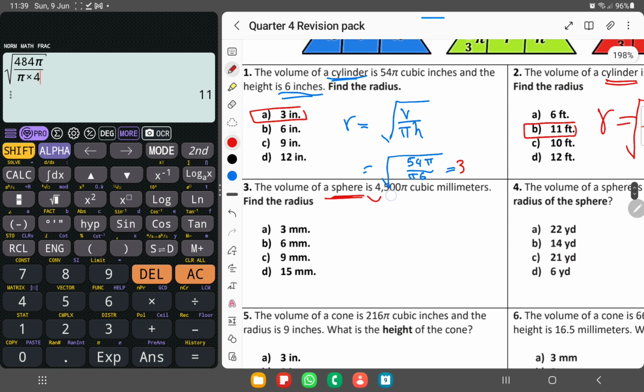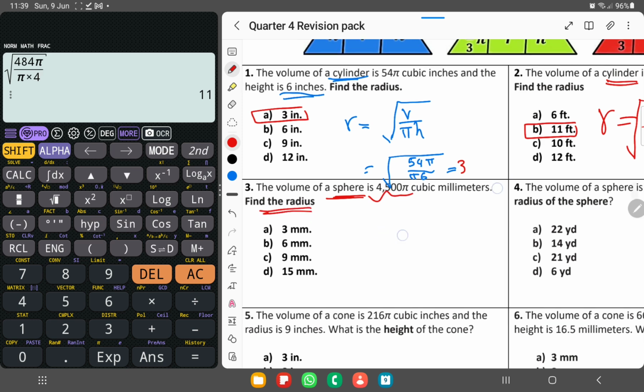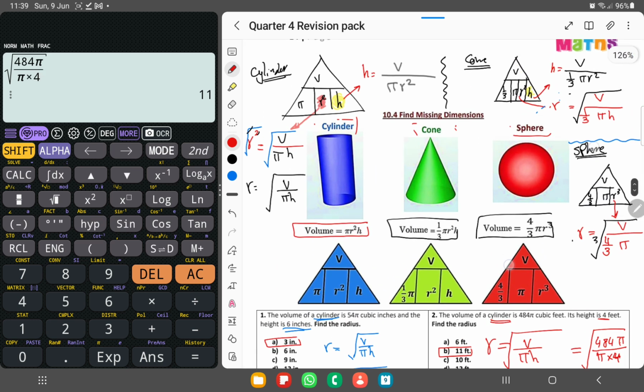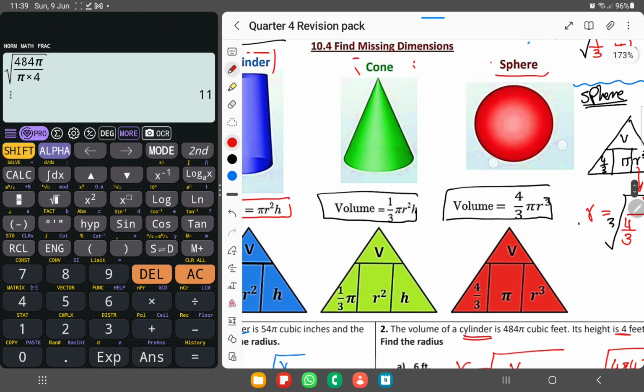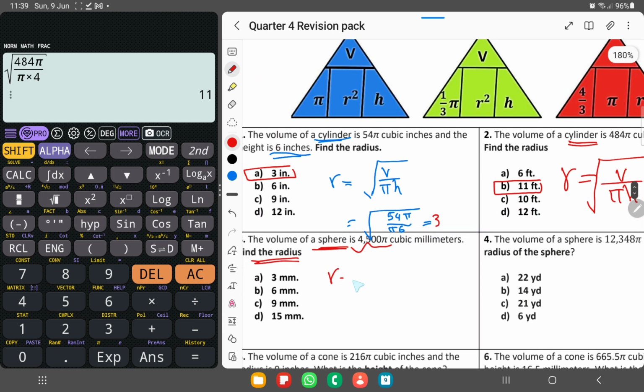He gave you the volume of the sphere, and he's asking about the radius. So here is the volume of the sphere, and here is the rule for the radius. Radius equals the cubic root of volume over 4 over 3 pi. What would this be equal to?